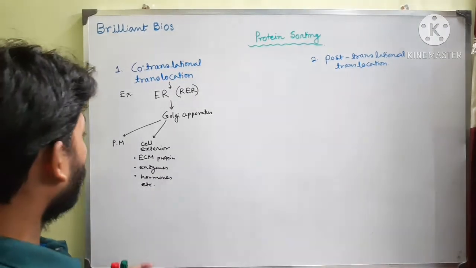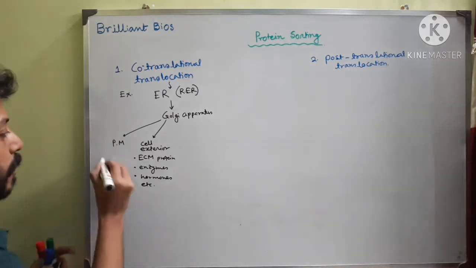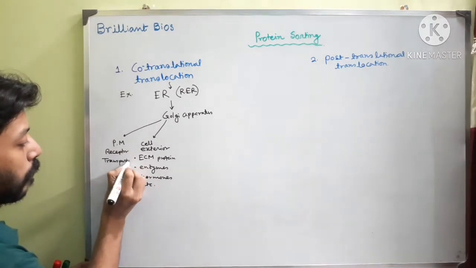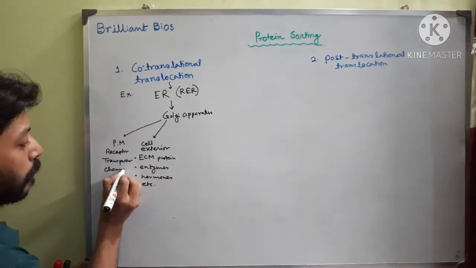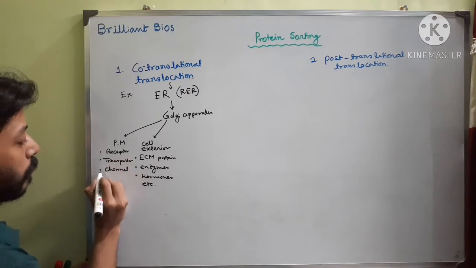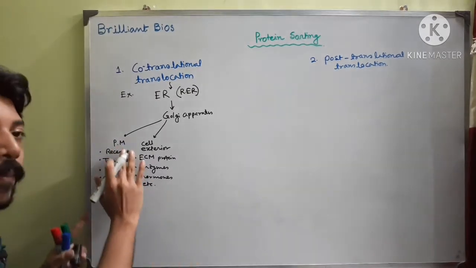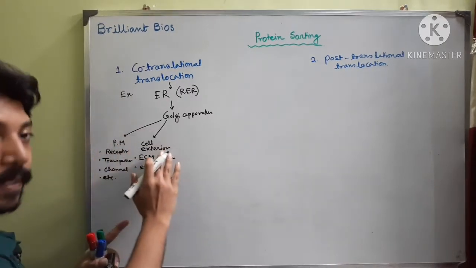Plasma membrane proteins like receptors, transporters, channels, or ejectors. So there are different types of proteins present in the plasma membrane and in the cell exterior.